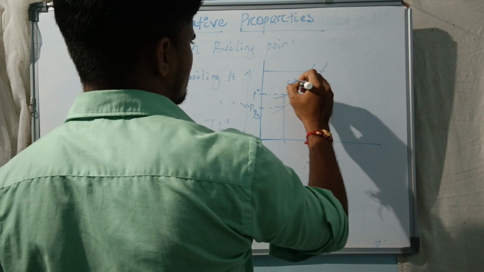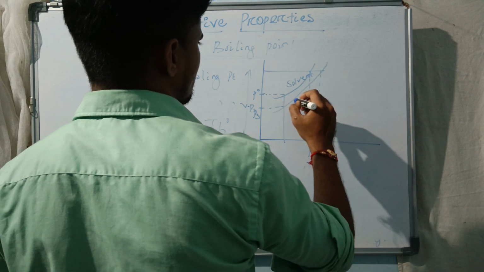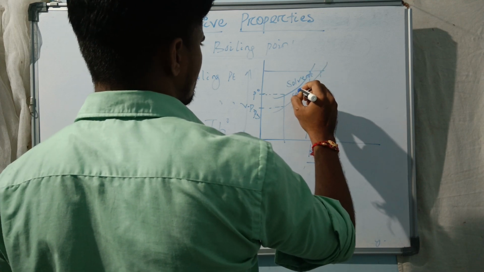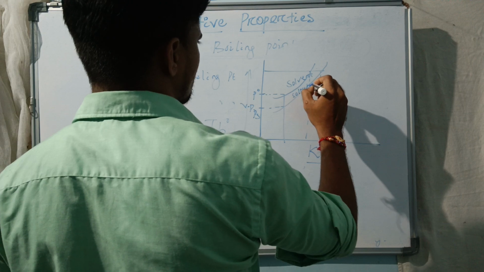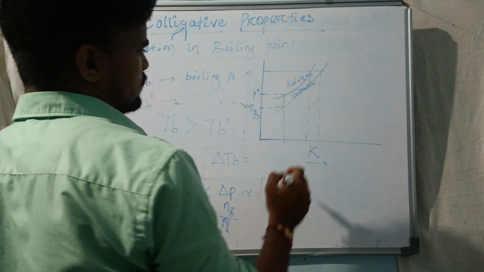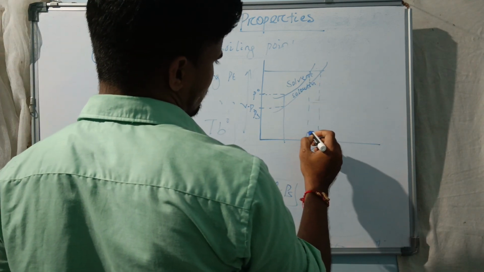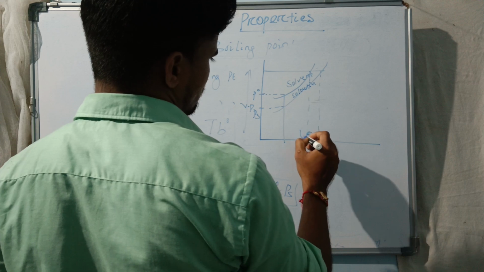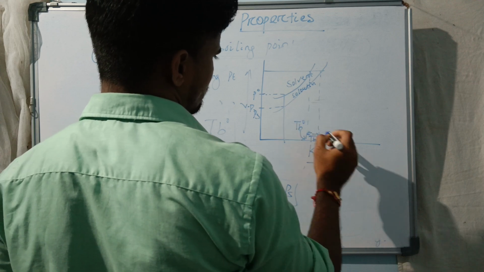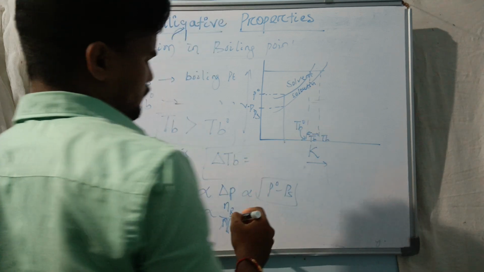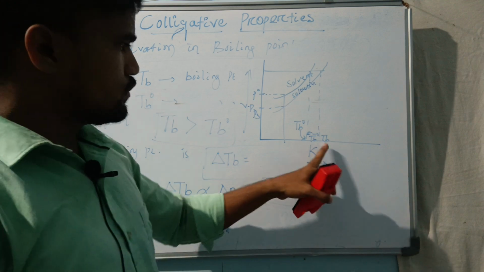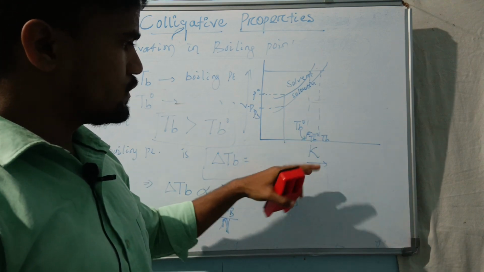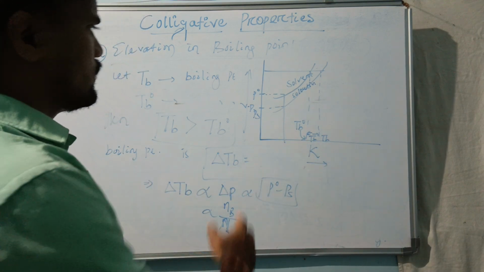This is the curve for the solvent, this is for the solution. This point is TB node, and this is TB. That means the boiling point of the solution and the boiling point of the solvent.